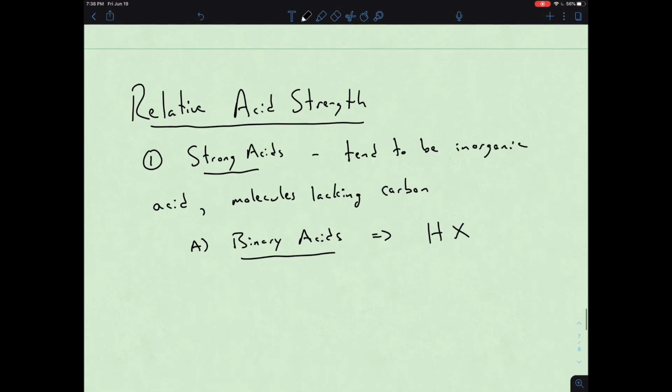And so with binary acids, the stronger the acid, the less electronegative X is. So we want to have basically groups that are less electronegative, and that actually result in a stronger binary acid.